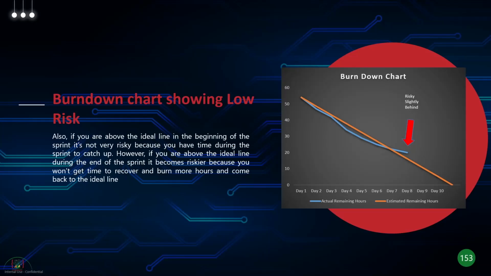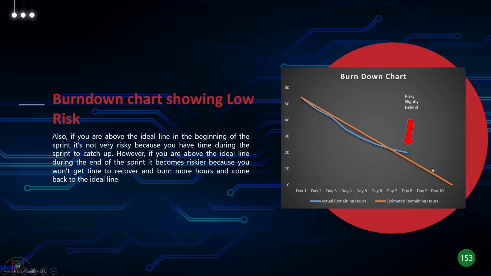On day 7, you're going above the ideal line because of some reason, which is a problem. However, because it's day 7, you still have a couple of days to recover, right? And come back to the ideal line or below the ideal line, right? So that's why it's a low risk.